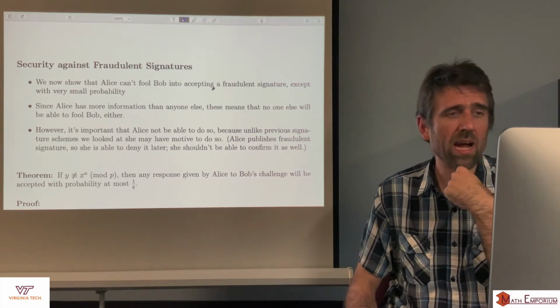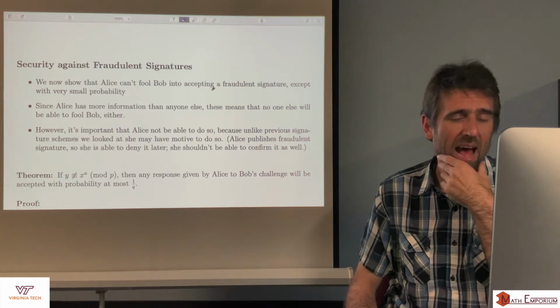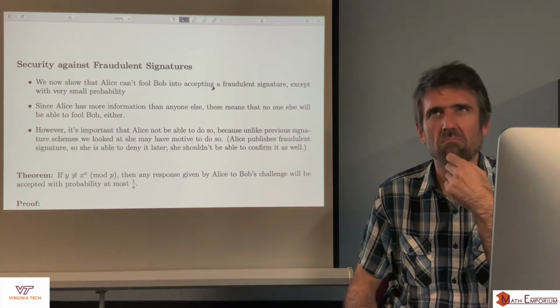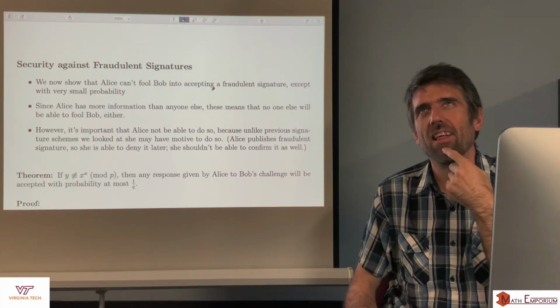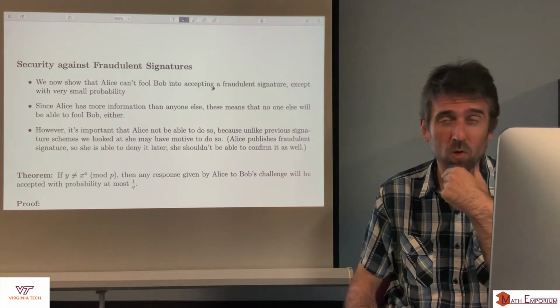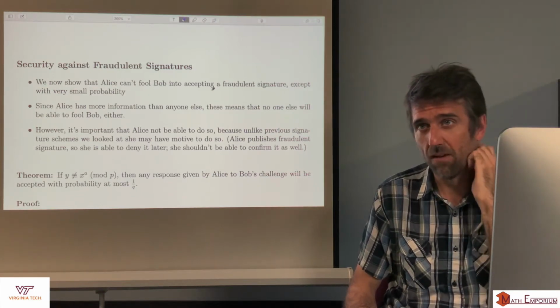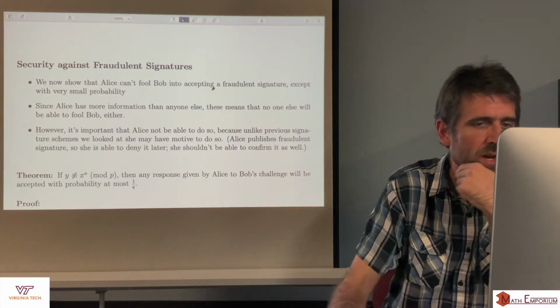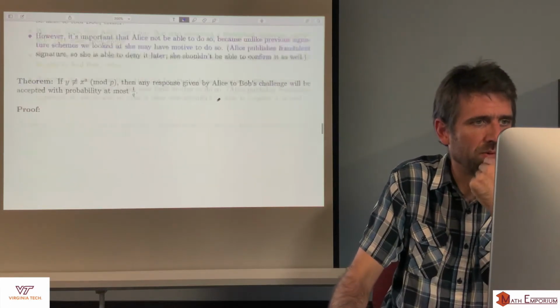Okay, so what we're actually going to show here is that Alice, and therefore nobody, can fool... I'm confusing myself with double negatives here, but Alice can't fool Bob into accepting a fraudulent signature, and therefore nobody else can either. All right, so we'll have a theorem here.